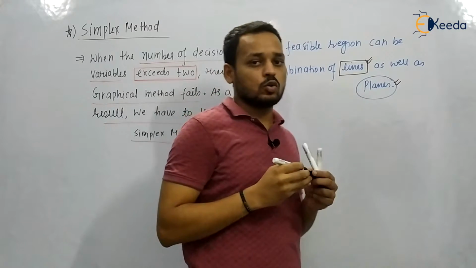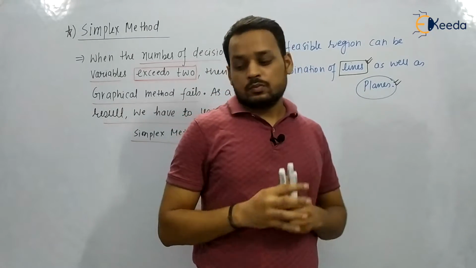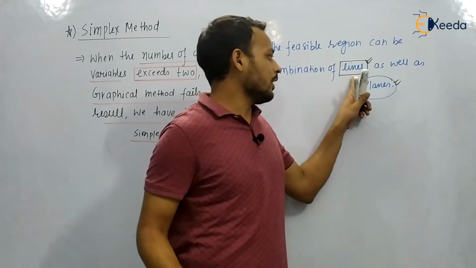Planes when the number of variables is more than 2, and lines when the number of variables is restricted to 2. It is one of the objective questions, a 2 marks question of the PSU examination, so just remember it. It can be line as well as plane.